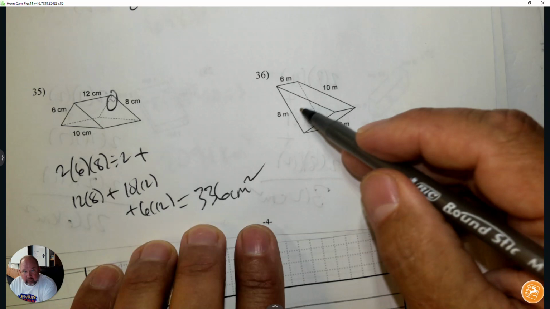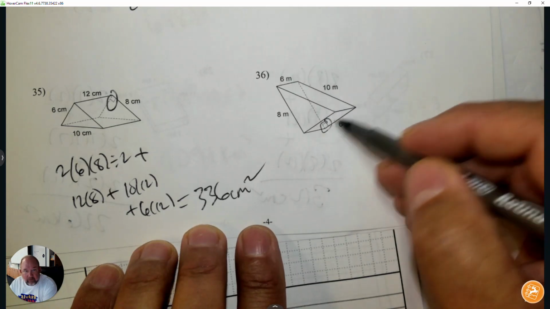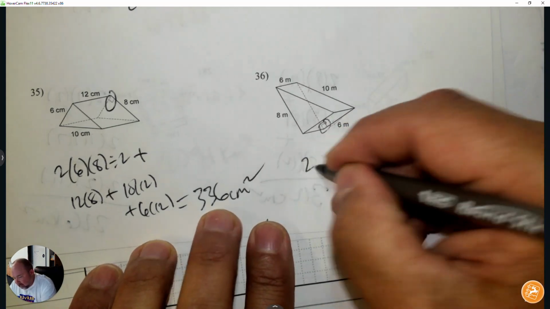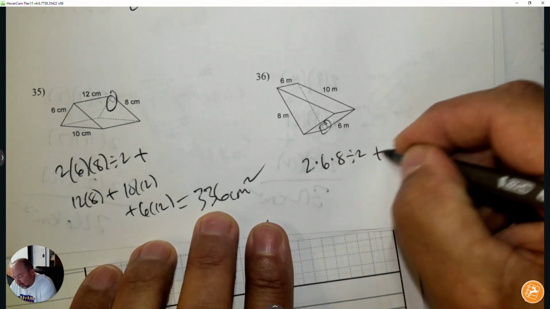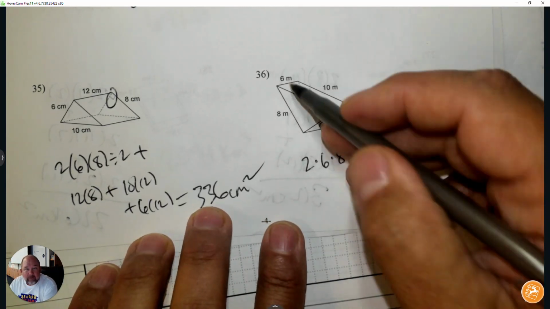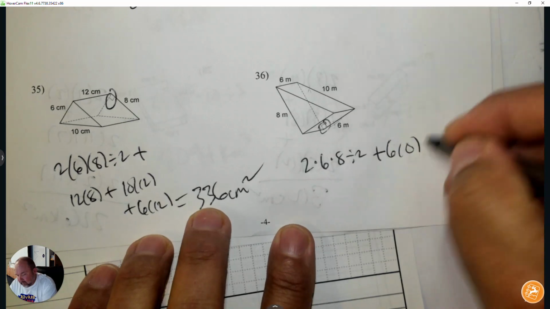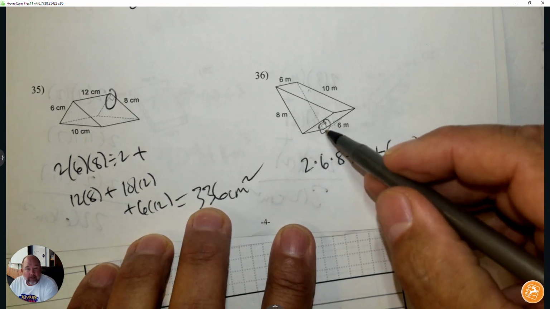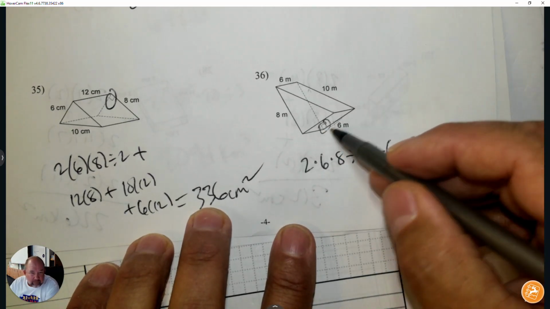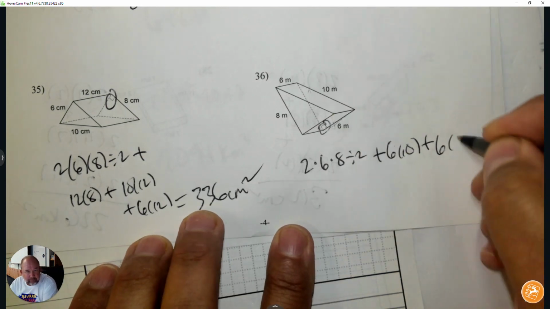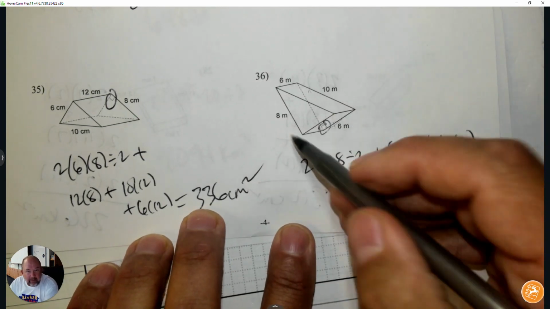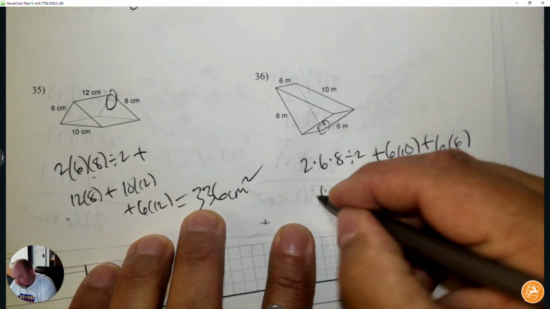Same shape, 2 triangles, look for this 90, so 6 and 8. So we have 2 triangles, 6 times 8, divided by 2 plus the rectangles. So we have a 6 by 10. We have a 6 by 6. And then 8 by 6.